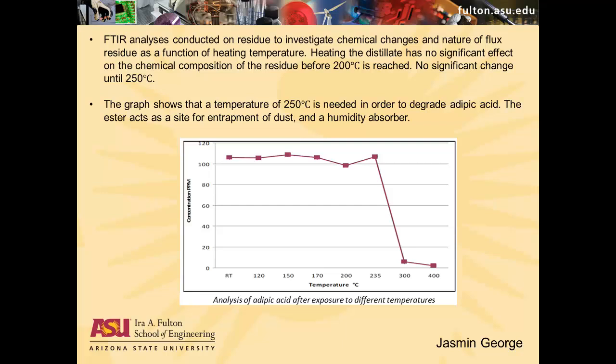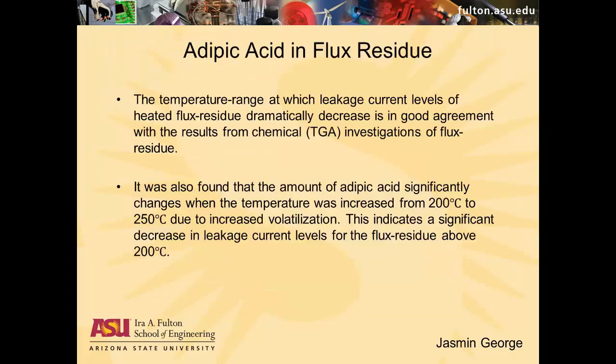For further investigation, FTIR analysis was conducted on residue to investigate chemical changes and the nature of flux as a function of heating temperature. There is no change in composition up to 250 degrees Celsius. After that, there is a significant drop. The ester from the adipic acid remains and becomes a dust trapper and a humidity absorber.